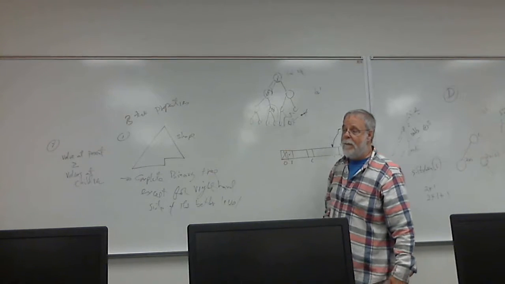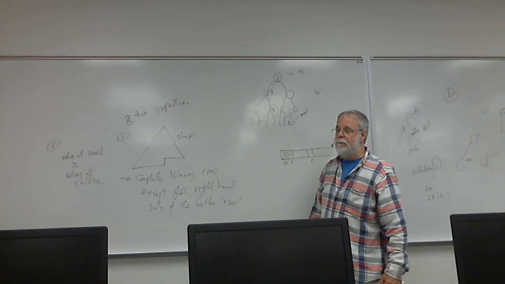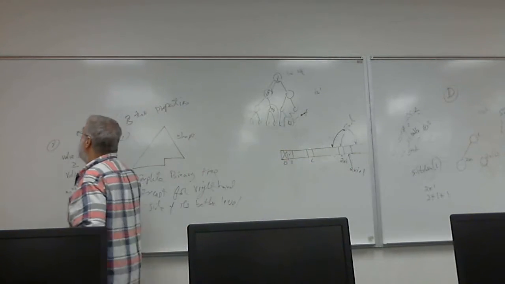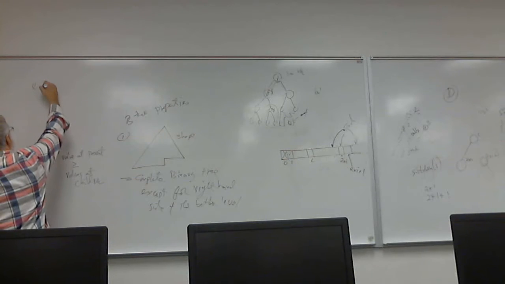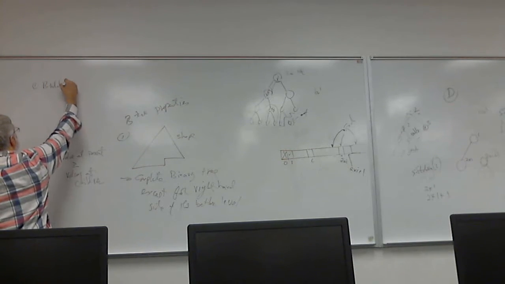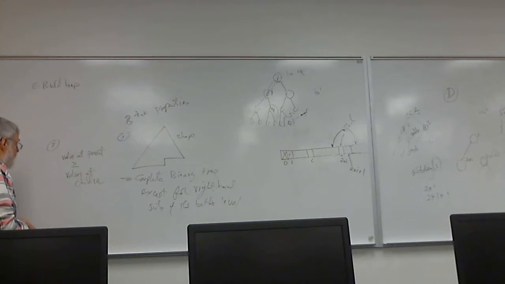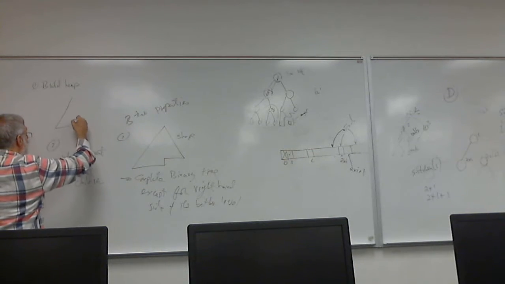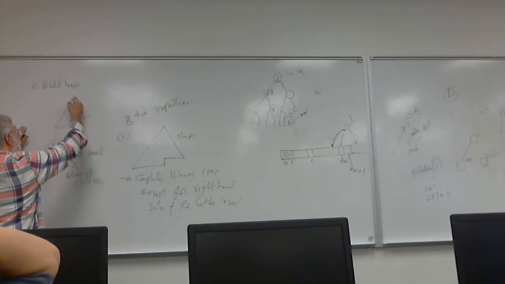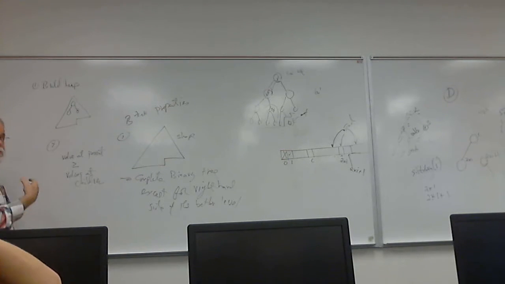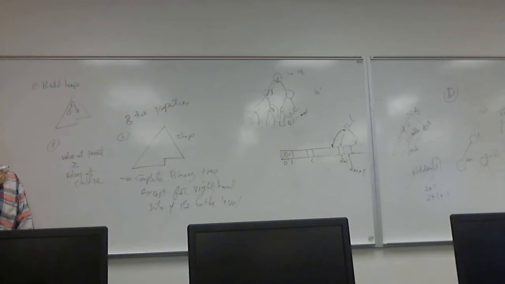How do we know that already? That's what I'm getting caught up on. So the first step, right, is to build the heap. And when you get through with that first step, every parent is greater than or equal to its children. That's what building the heap is.